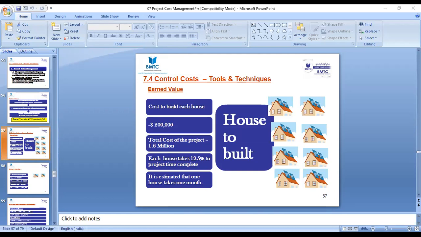$1 is the investment you make to get the productivity, and you are able to get the same $1 as the return. The productivity you extract is $1 equal to $1. If you are able to get above $1, like 1.05, 1.08, so $1 is the investment but the productivity is more than that, so you extract more work. If CPI shows 1.10, that means for $1 you are investing in your project, the return on investment is more than $1.